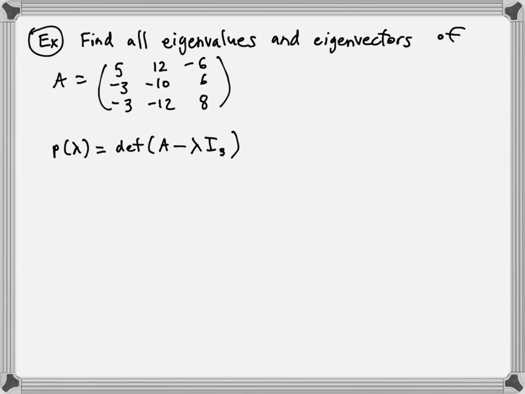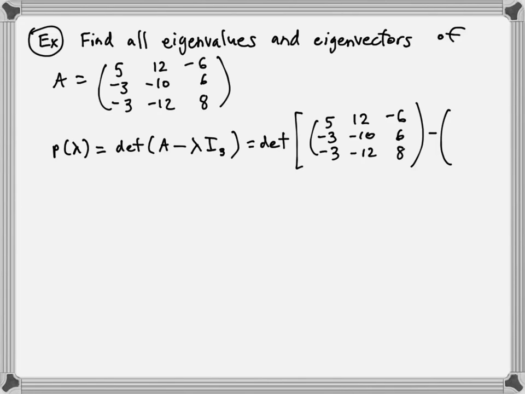So this is going to be the determinant of matrix A minus, if you multiply lambda times an identity matrix, you get the following: lambda, lambda, lambda on the diagonal, and 0s elsewhere. So you subtract these.